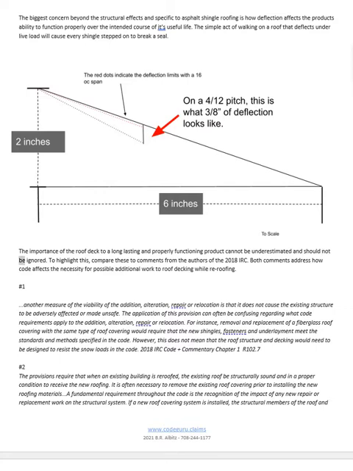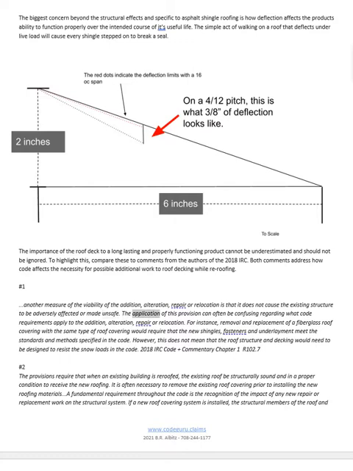To highlight this, compare these two comments from the authors of the 2018 IRC. Both comments address how code affects the necessity for possible additional work to roof decking while re-roofing. Number 1. Another measure of the viability of the addition, alteration, repair or relocation is that it does not cause the existing structure to be adversely affected or made unsafe.